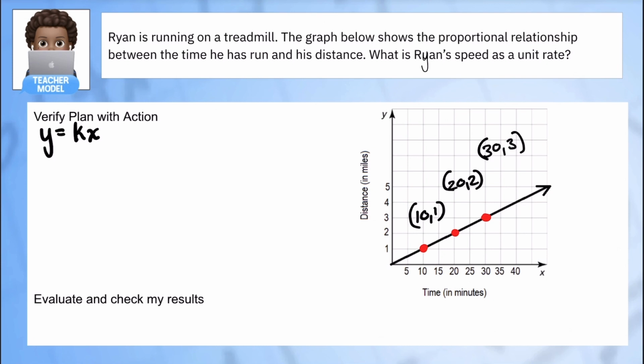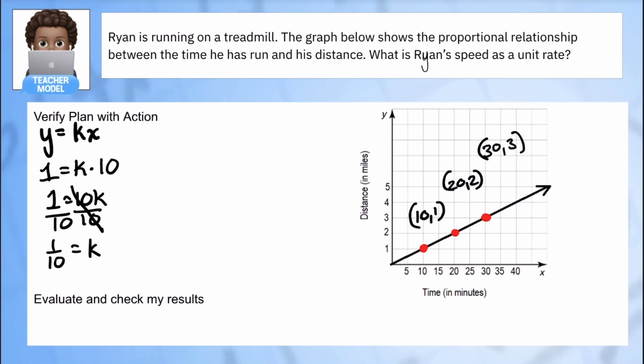Okay, so when y is 1, I have k times 10. I'm going to isolate k. So this can look like 1 equals 10k. So I'm going to divide both sides by 10. And this means k is equal to 1/10. So let's check and see if that's true if I try a second coordinate.